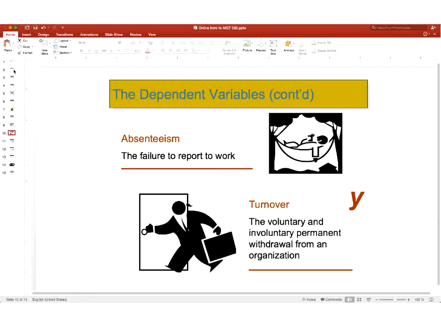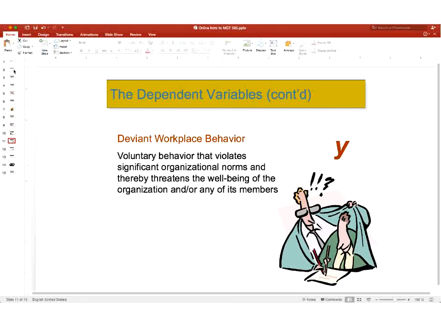So why do people leave the workplace? Why do people choose to go to a different job, or just decide to leave the job altogether even if they don't have a job lined up in place? So turnover and absenteeism.